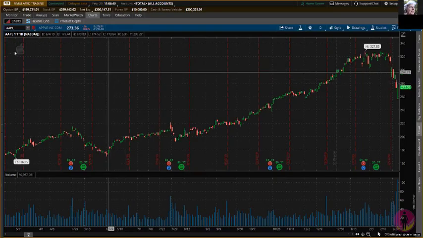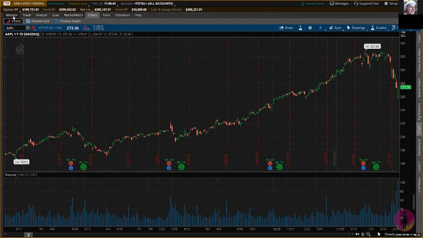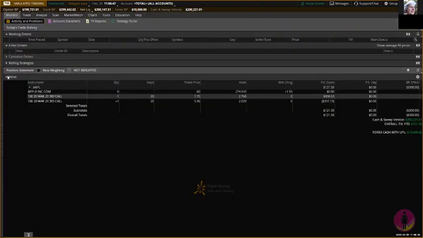So here it's the Apple, and I don't see anything yet. Can you see my screen? I'm seeing it now. You share now your screen. Well done. So here it's my position.